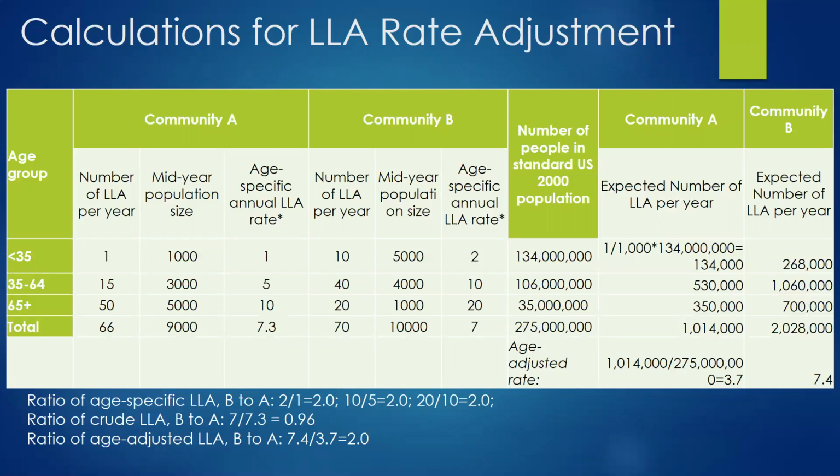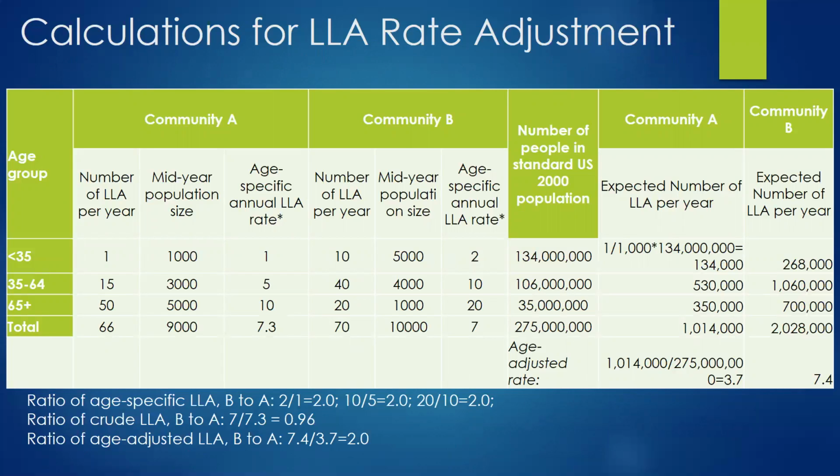And that's what we're doing in the last two columns of this table. So we have our standard US population. We just apply our age-specific rates for each community to that standard population to give us an expected number of amputations per year, and then add those up, and we come up with a much better comparison.